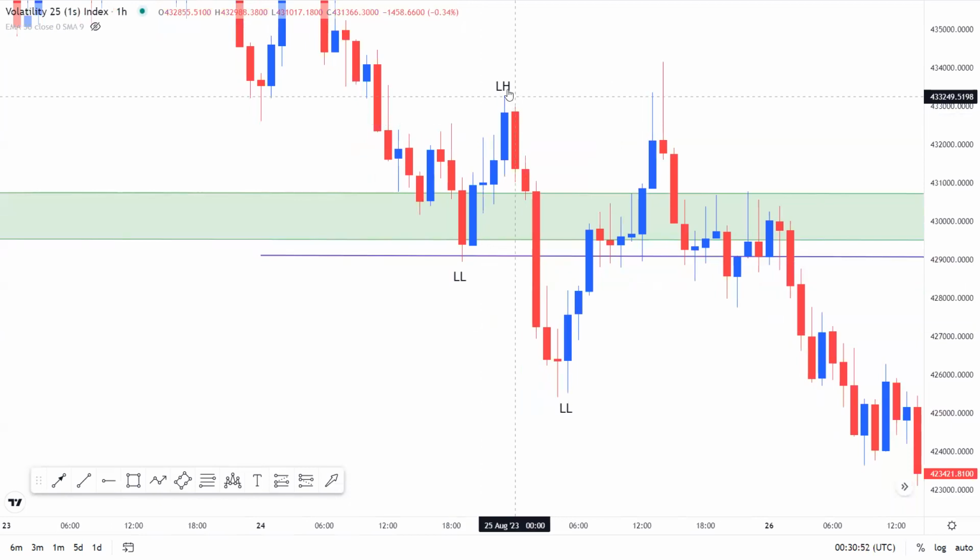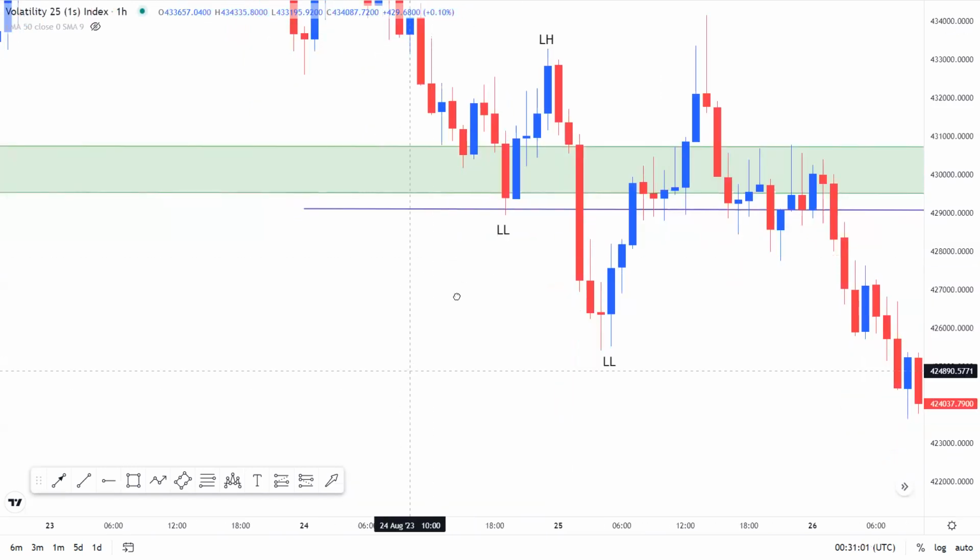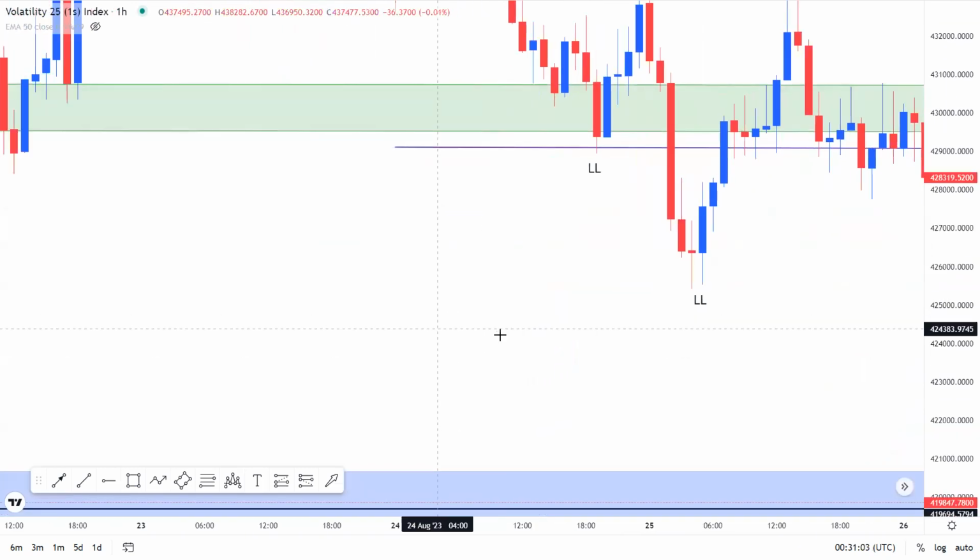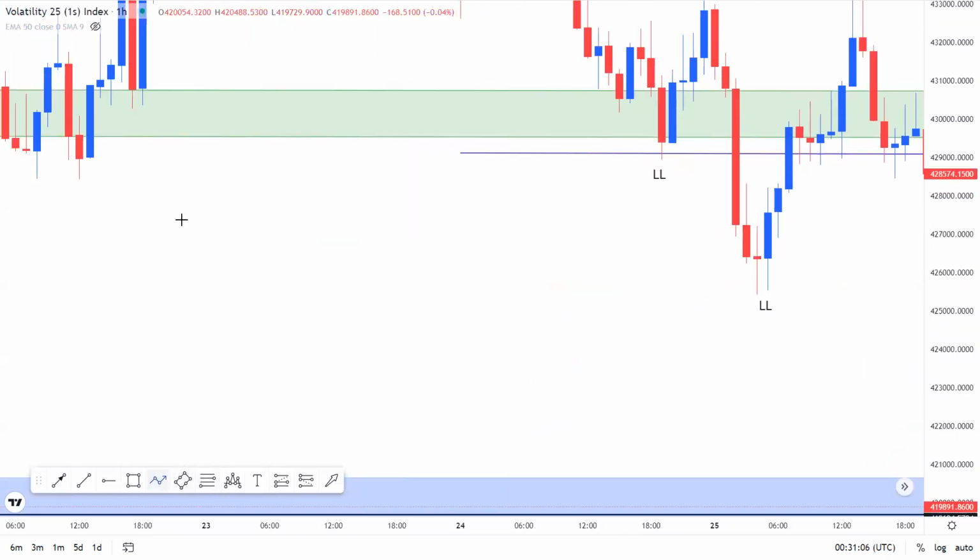So now we add a nice impulse breaking below this previous low, forming a new low. Now, this is where a lot of traders kind of get it all wrong.